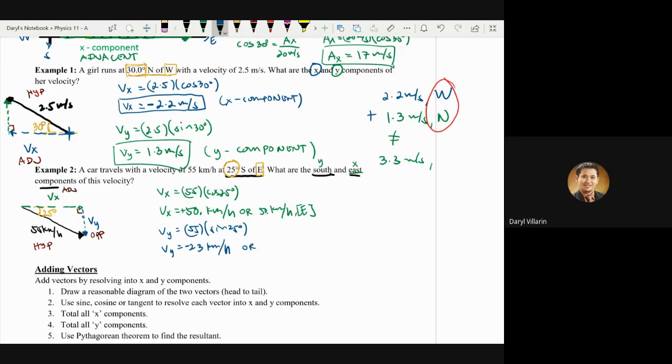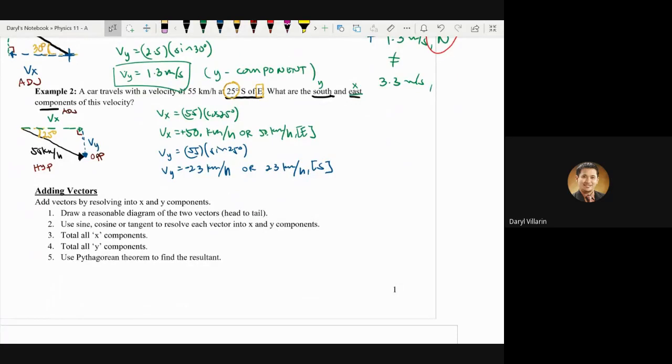Or if we're going to use the direction, that's 23 kilometers per hour south. Again, we use the signs when we use this in a calculation. Okay, so this will lead up to the next topic, wherein we have one or more vectors to be added.